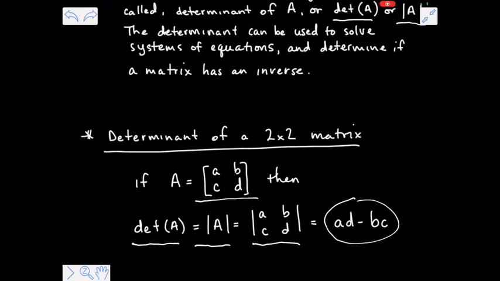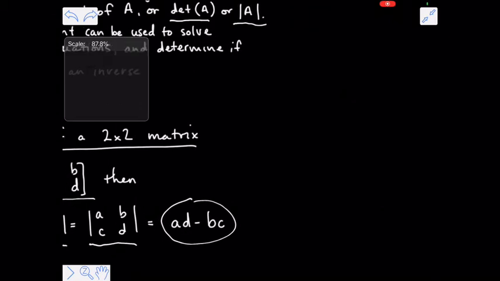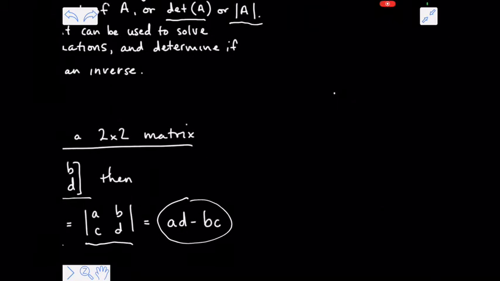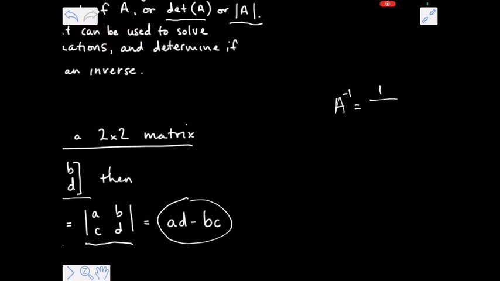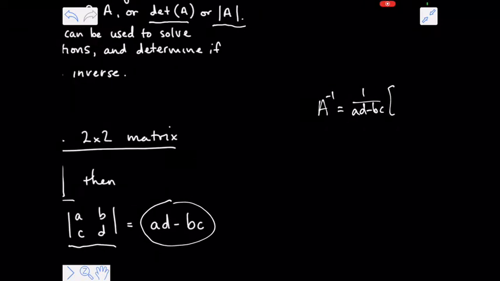And if you're thinking that looks familiar, it does, because of the inverse. So the inverse, if you remember from the last lesson, of a 2 by 2 matrix was 1 over AD minus BC. Then we switch the places of D and A, and B and C switch sign.